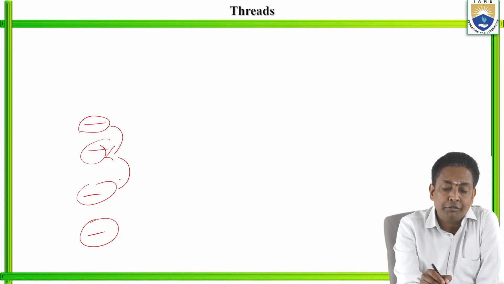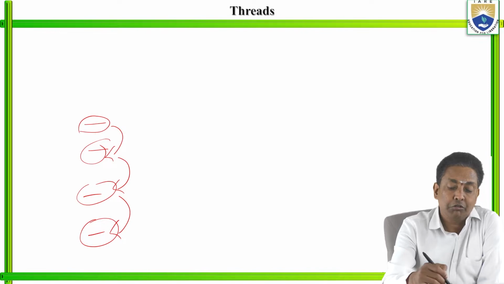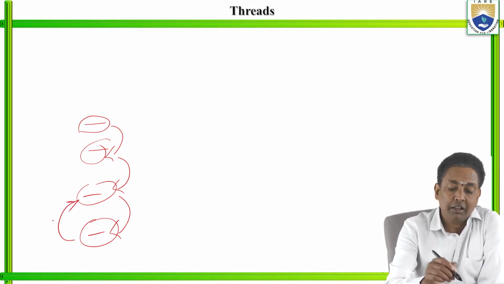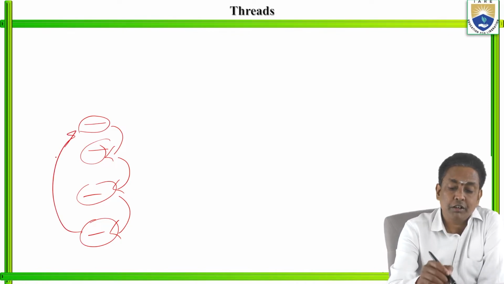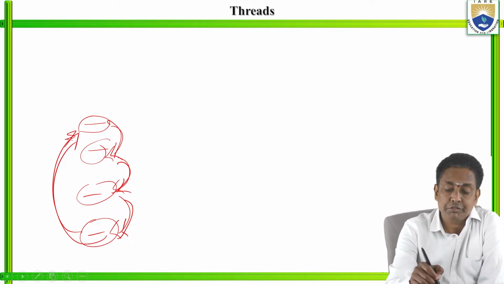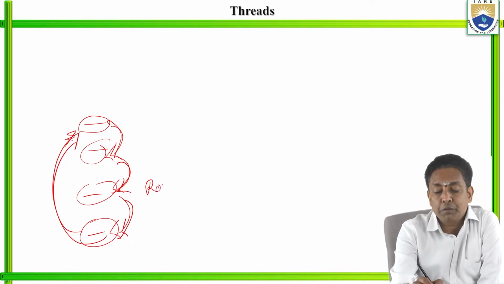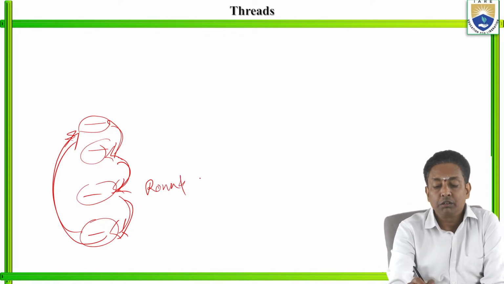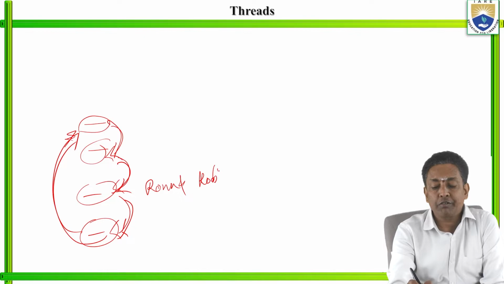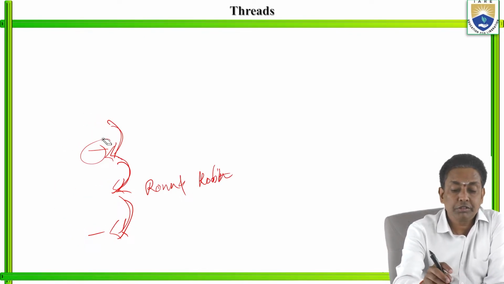For each method, if you write one thread and start 2, 3, 4 threads, then they all will run simultaneously, from the fourth thread again to 1, 2, 3, 4, again 1, 2, 3, 4, like that. This is called round robin. Most simultaneous executions follow the round robin pattern of execution.